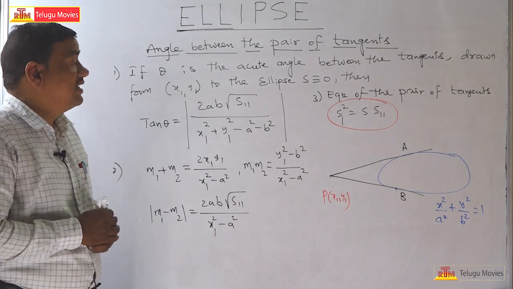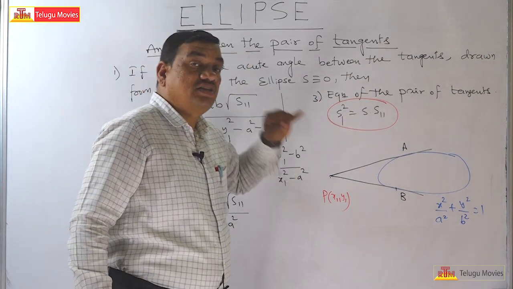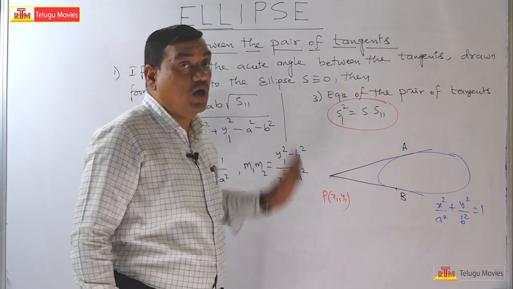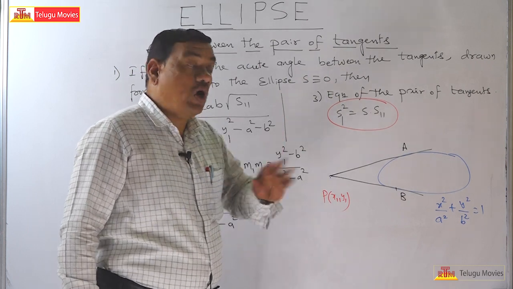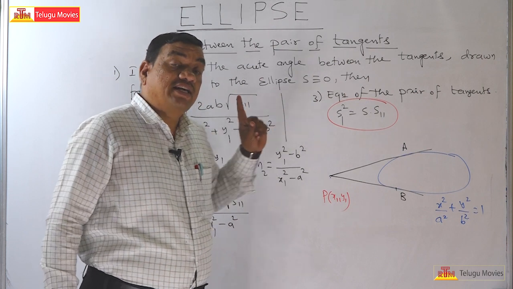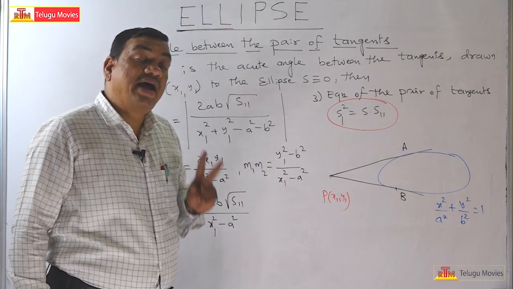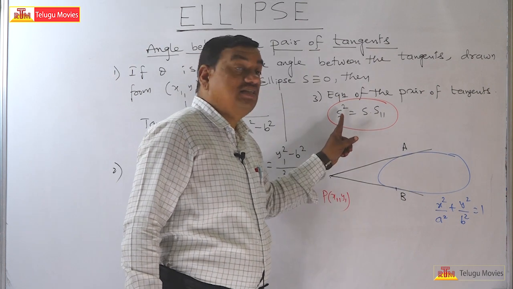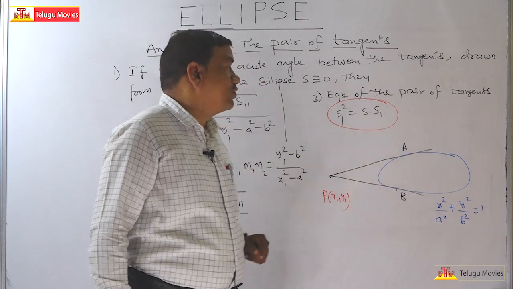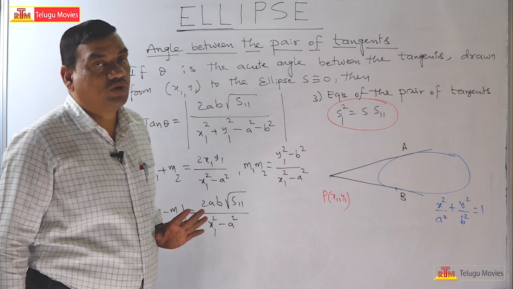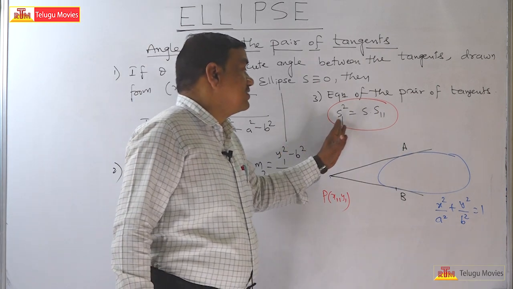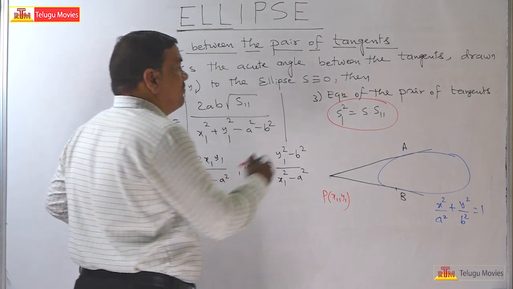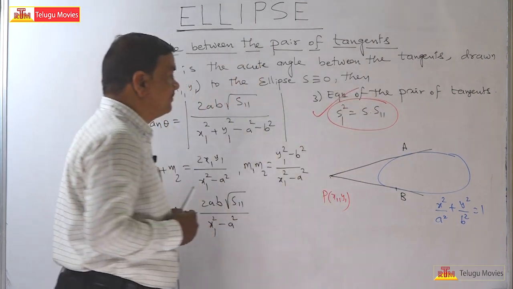Remember this, this is for circle, parabola, ellipse, hyperbola, whatever may be the conic. From an external point, you can draw a maximum of two tangents. You know the notations S1 and S11, what are they? So the first thing is the equation of the pair of tangents.